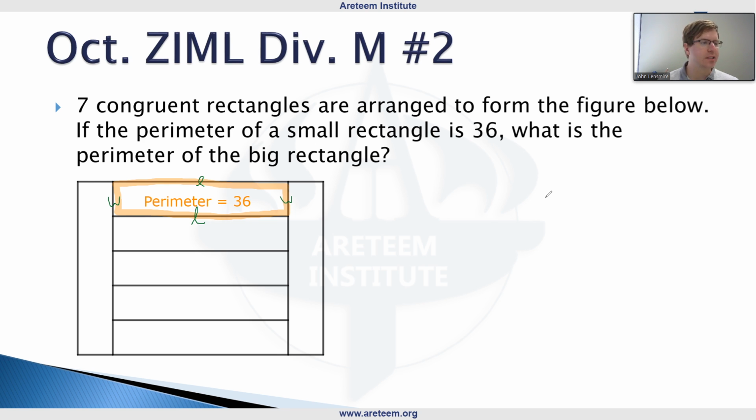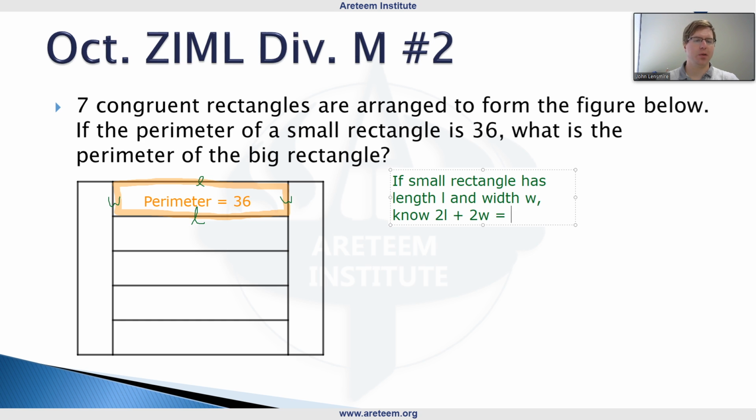I'm not going to really solve an equation in this case, but if the small rectangle has length L and width W, we know that 2L plus 2W equals 36. In terms of L and W, what is the perimeter of the entire rectangle?